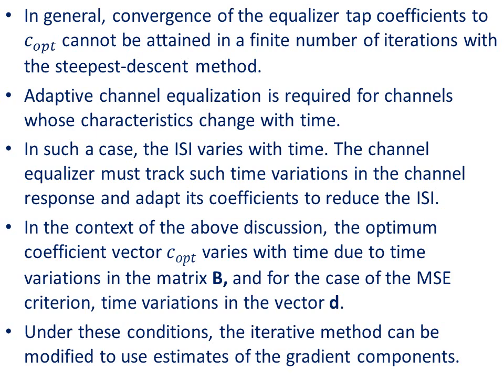In the context of the above discussion, the optimum coefficient vector C opt varies with time due to time variations in the matrix B, and for the case of MSE criteria, time variations in vector D. So under these conditions, the iterative method described above can be modified to use estimates of the gradient components.